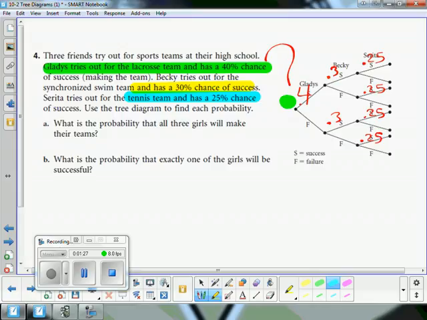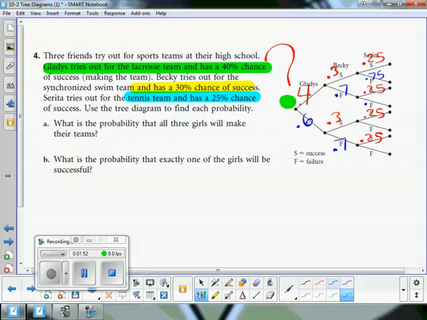All right? Now, what we need to think about is the complement of each of those numbers. So if there's a 40% chance that Gladys makes the team, what percent does she have of failure? 0.6, or 60%. For Becky, 0.7, so that's going to go there and there. And for Sarita, 0.75.